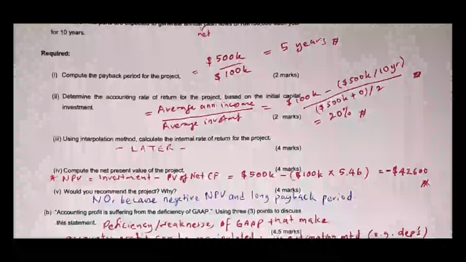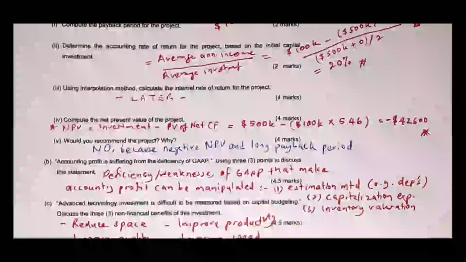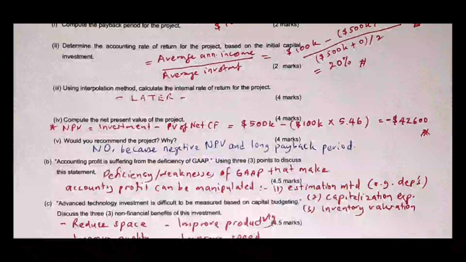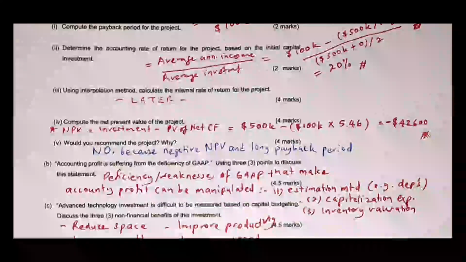Okay, and then question 3 asks you to calculate the internal rate of return for the project. The calculation of internal rate of return is a bit complex. You have to use the scientific calculator, or at least you have to do some estimation and use the table for present value.